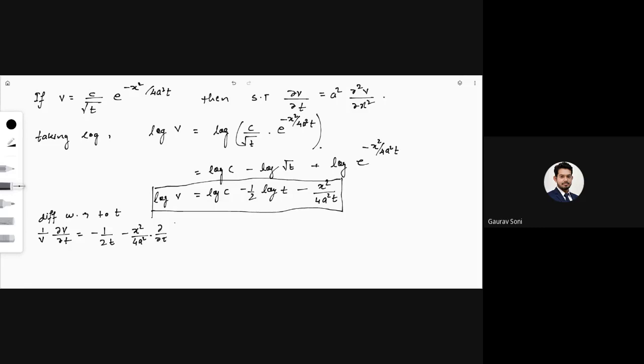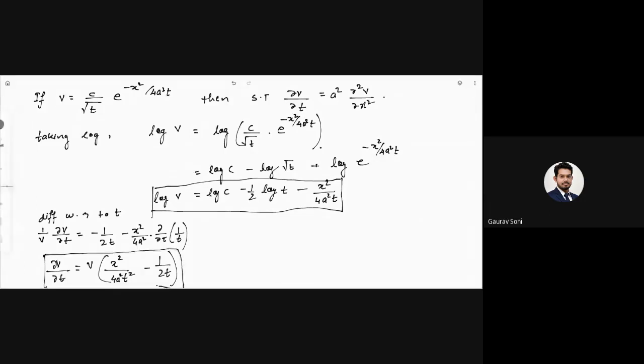Derivative with respect to t of 1 by t. So partial derivative of v with respect to t is equal to v in bracket. This will be minus 1 upon t square. We'll make this plus. So x square upon 4 a square t square minus 1 upon 2t. The left hand side.